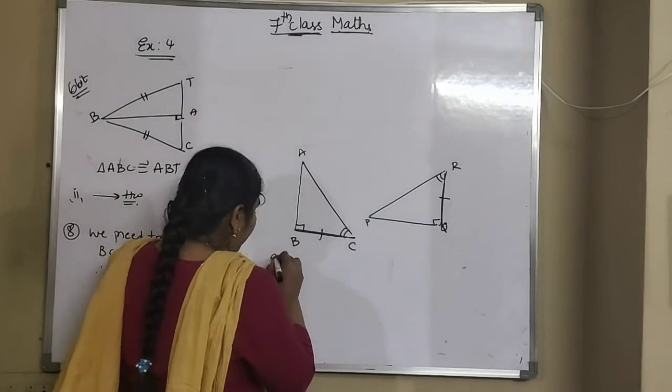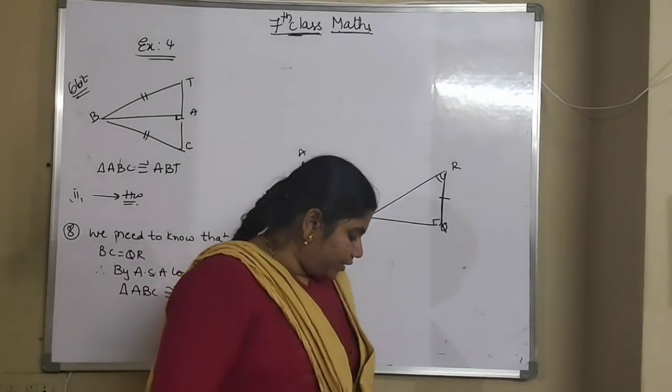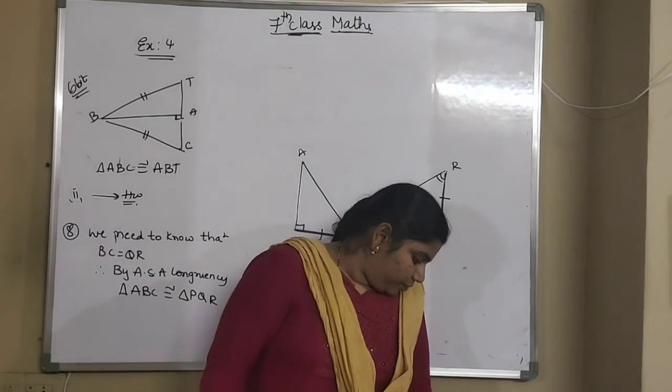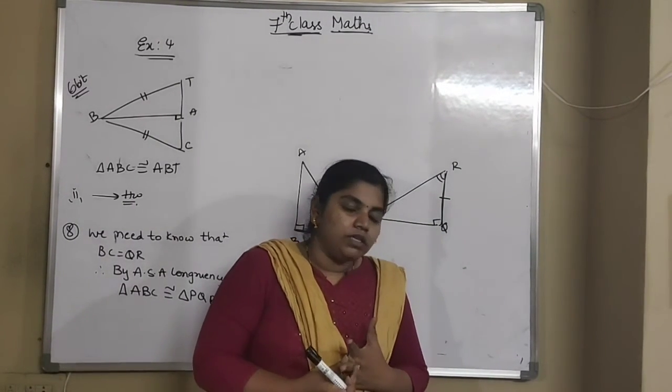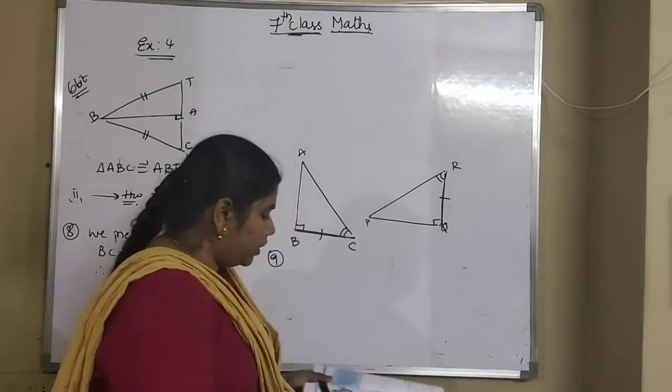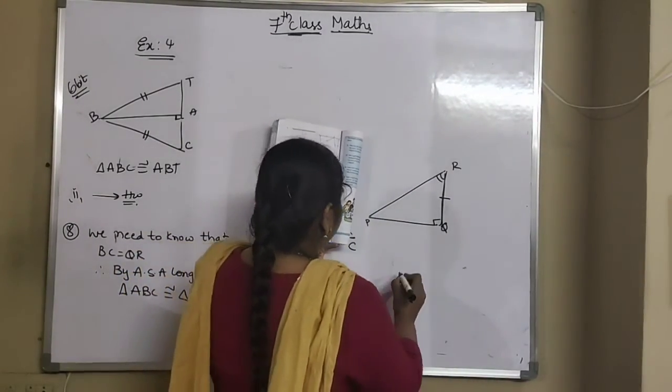And last one: explain why triangle ABC is congruent to triangle EFD. So why these two triangles are congruent to each other, we have to explain. So here, first draw the figure.